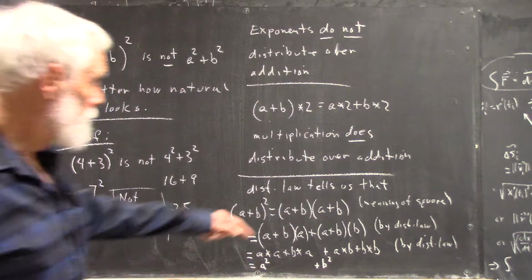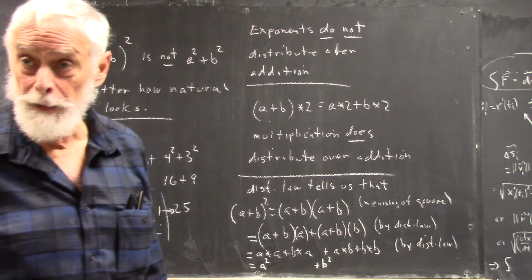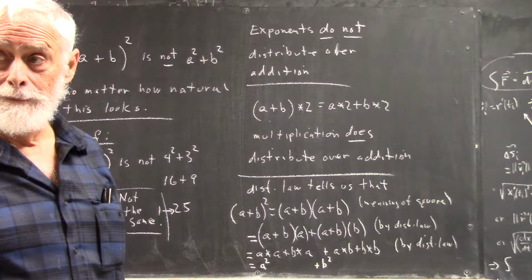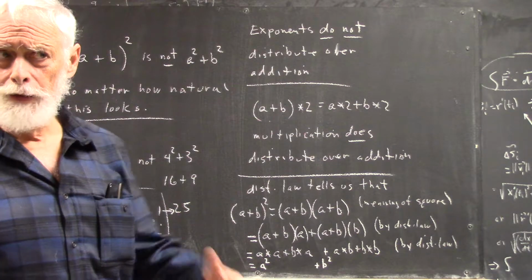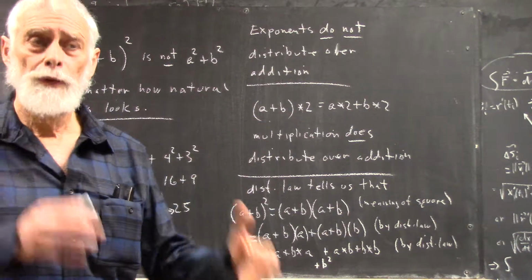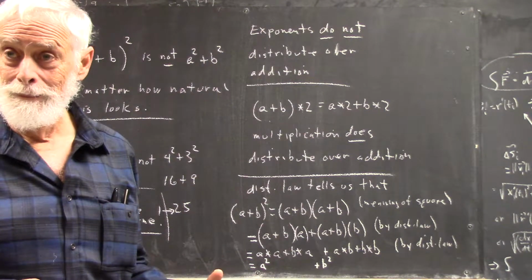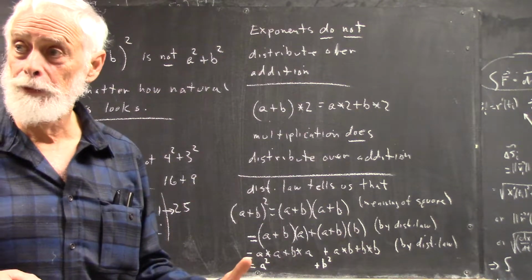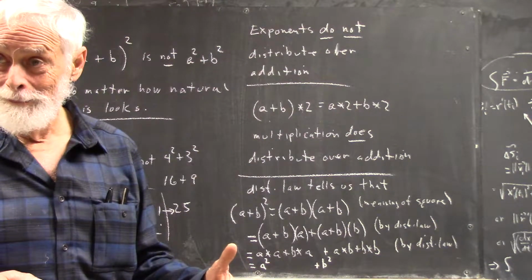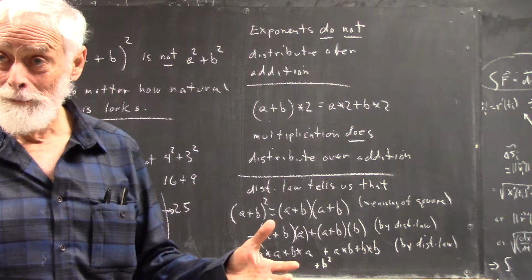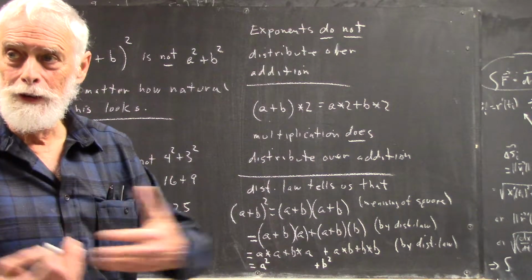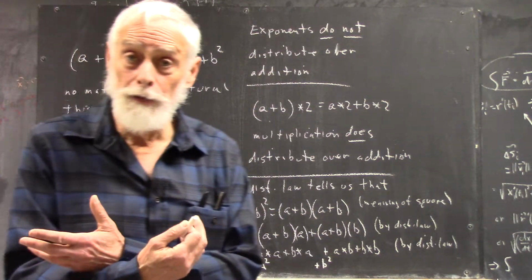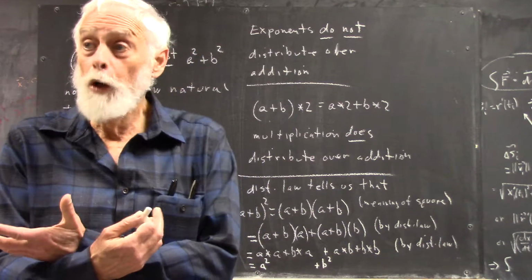What's b times a plus a times b? Well, how does b times a compare with a times b? How does 2 times 3 compare with 3 times 2? They're the same. The commutative law says it doesn't matter in what order we multiply things, and the commutative law is there just because we know this.